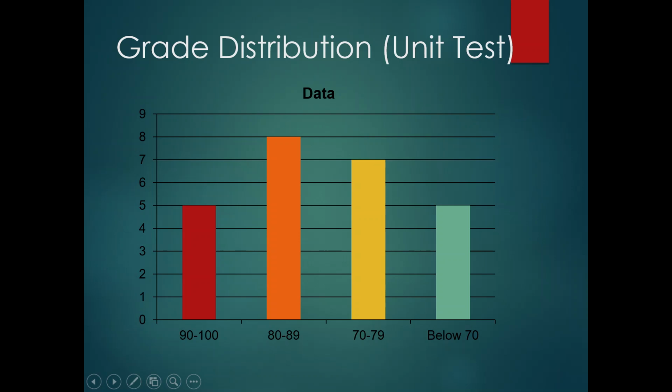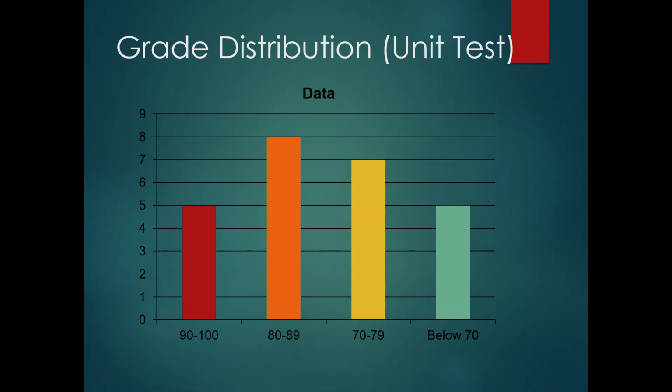After running the assessments, we began to look at the grade distribution. And if you look at the chart here, you'll notice that this represents the grade distribution for the Constitutional Era Unit assessment. Adding the amount of students together, there are about 25 students. 5 scored rather well, between a 90 and 100.